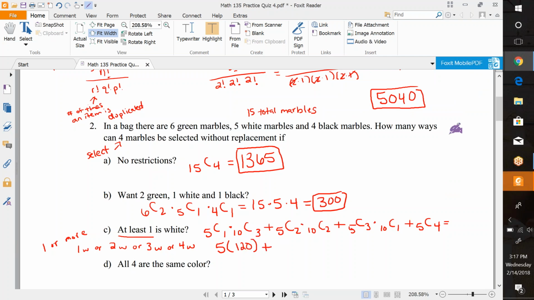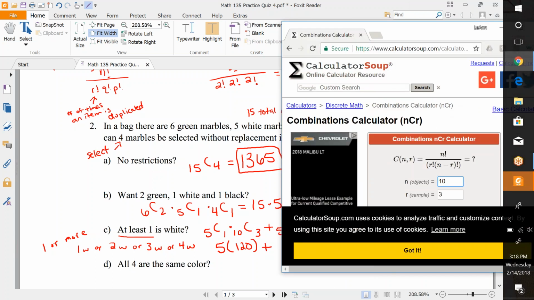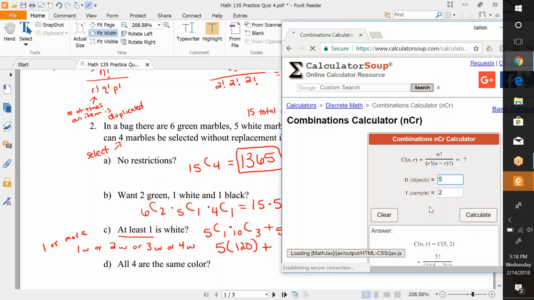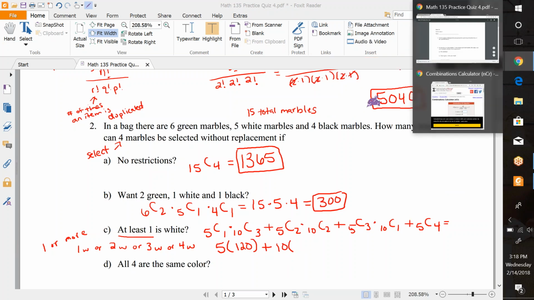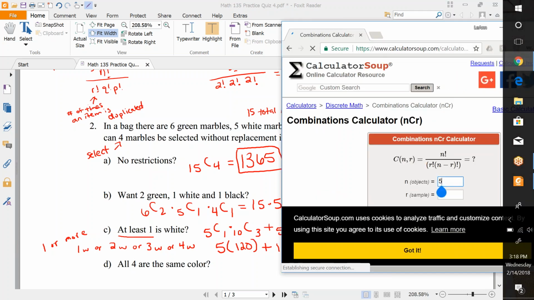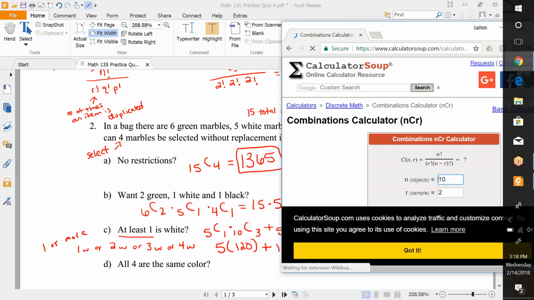So then plus, then we have to do 5 choose 2. And that gives us 10. And then we need to do 10 choose 2, which is 45.